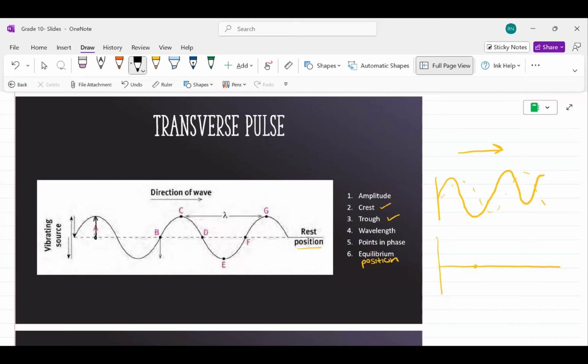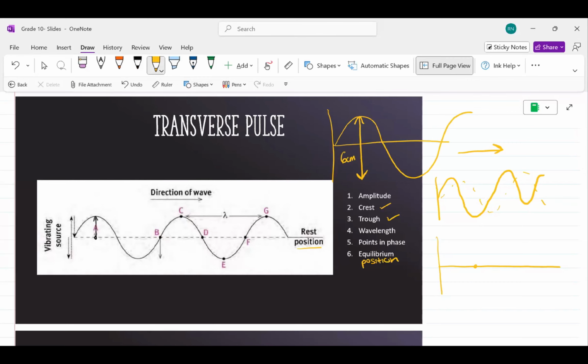Now, sometimes they try to trick you, and they'll give you a wave that looks like that, and they'll tell you, okay, there's my wave, and they'll tell you that the distance between this and this is 6 centimeters. Let's do this. They'll tell you this is 6 centimeters, and then they'll say, what's the amplitude?